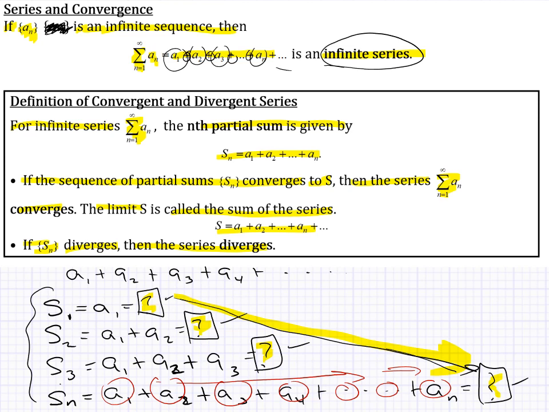So if we're adding and seeing that after we add one term or two terms or three terms or 2,000 terms together, we're getting answers that are getting closer and closer to some finite value, then as we keep adding forever, we should probably continue to keep getting closer and closer to that finite value. And therefore, the sum of the infinite set of terms should add up to that finite value. Let's do some examples, and hopefully it helps a little bit to understand what we're talking about here.